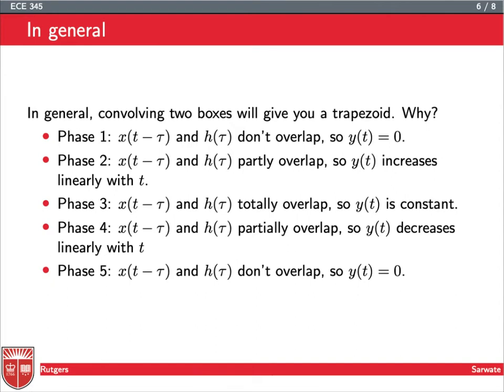So those are the 5 phases of convolution when you slide 2 finite-length signals across each other. With boxes, you get an increase linearly in the partial overlap and a decrease linearly in the second partial overlap, and when there's total overlap, the output signal is a constant. So increase linearly, constant, decrease linearly: you're going to get a trapezoid.